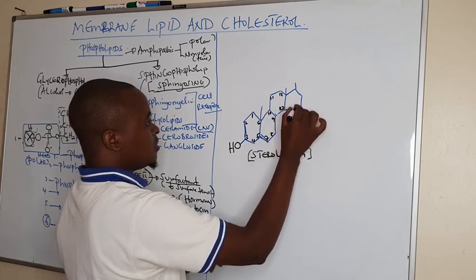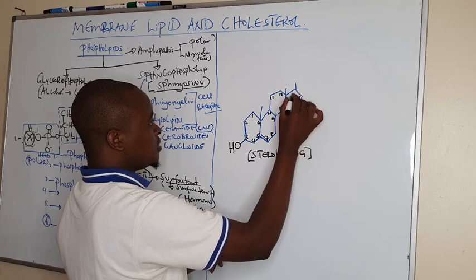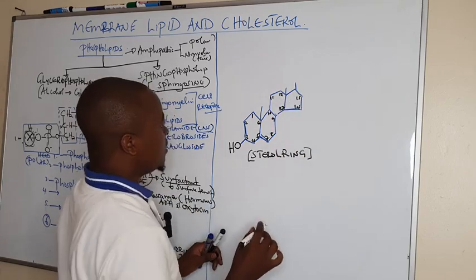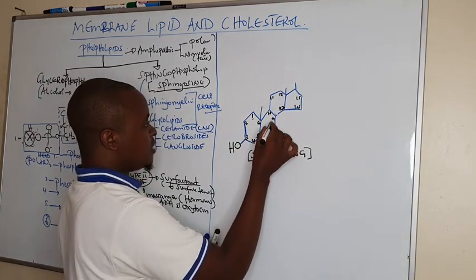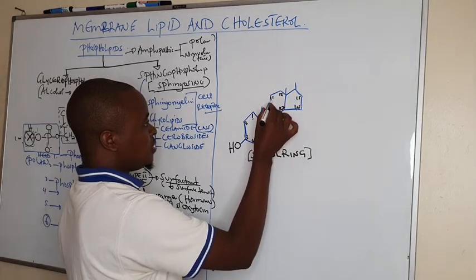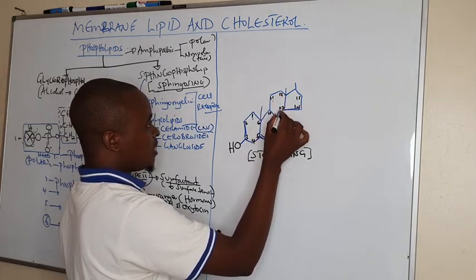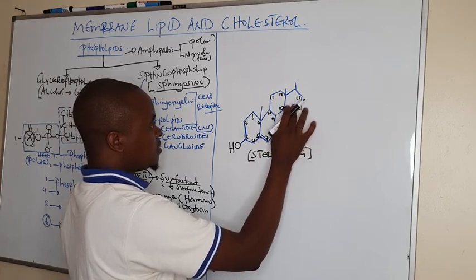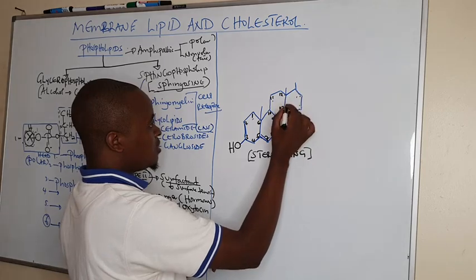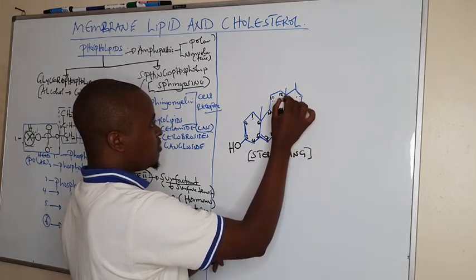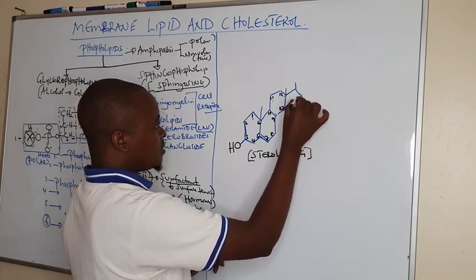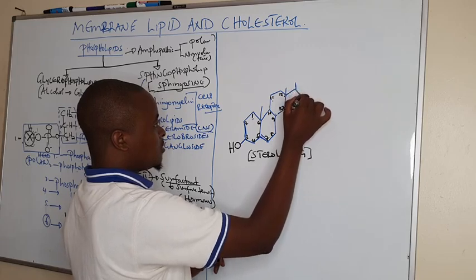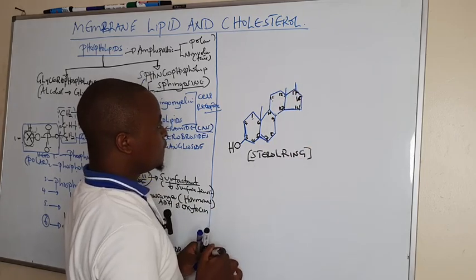Then 13, 14, 15. I have skipped one. So we have 12, 13, 14, then 16. I have 15, and this one has to be 17.